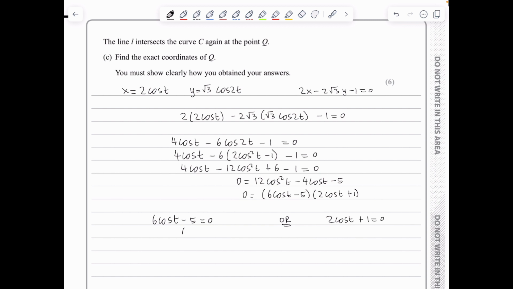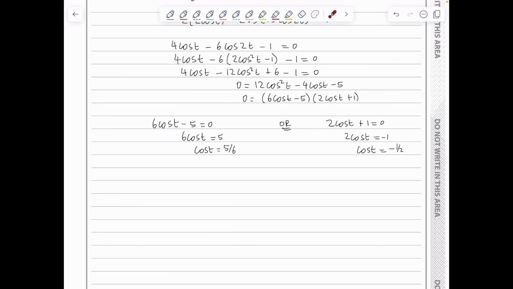So this means that 6 cos t is 5, so cos t is 5 over 6, or 2 cos t is negative 1, so cos t is minus a half. Now for cos t being 5 over 6, I don't really need to go and find the value of t. We're looking for the coordinates x and y, and we do know that x was 2 cos t.